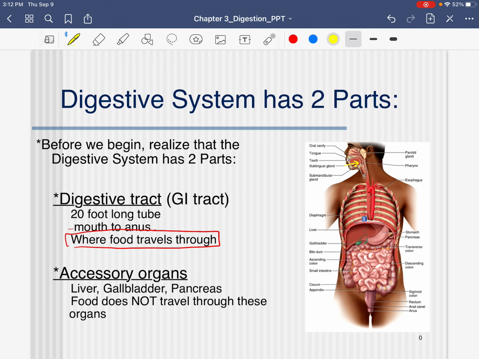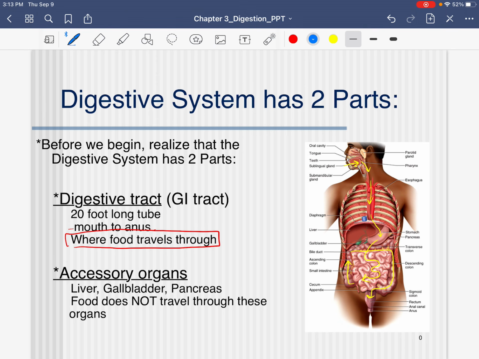These are all parts of the GI tract, the digestive tract. What food passes through: mouth, into the pharynx or throat, into the esophagus, into the stomach, into the small intestine. Whatever is left enters the large intestine, goes up and around, rectum, anus. That is the path that food takes.